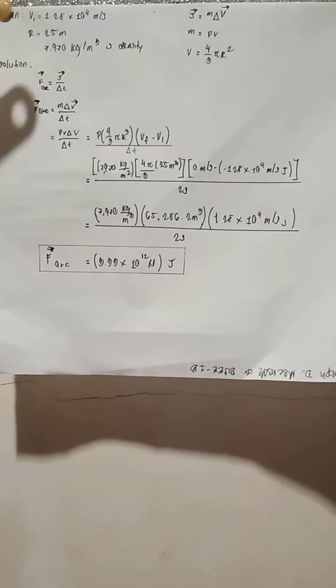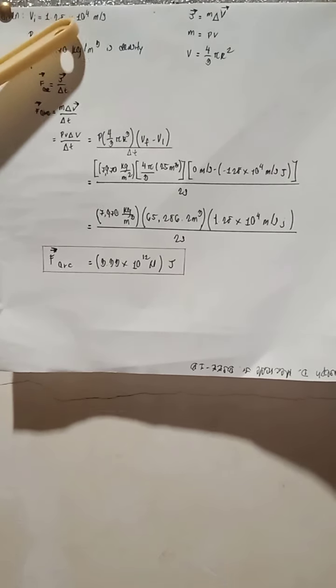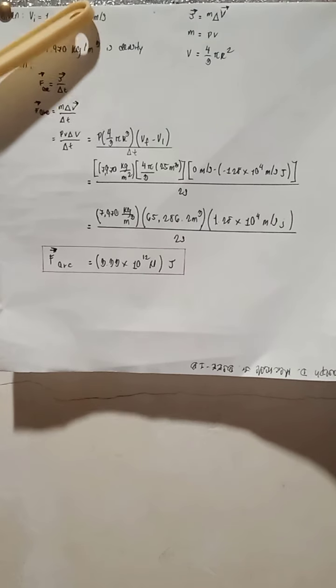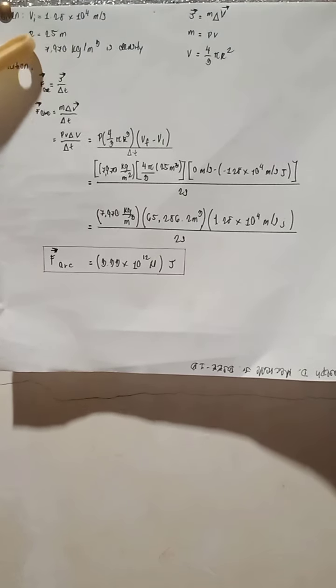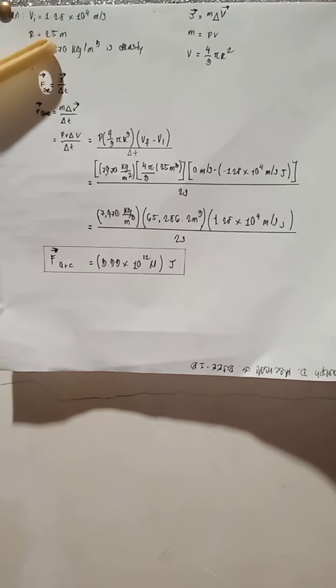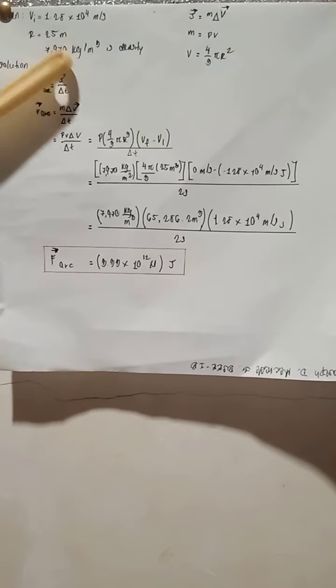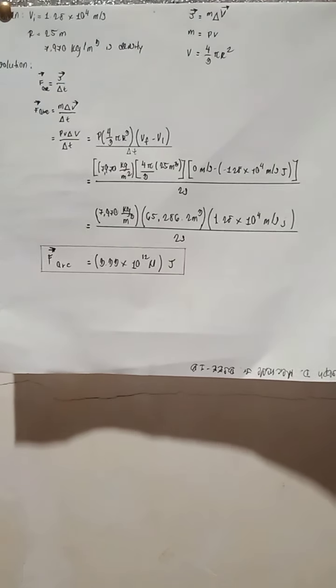Given: v initial is equal to 1.28 times 10 raised to the power 4 meter per second. Radius is equal to 25 m, then 7,970 kg per meter cubed is the density.